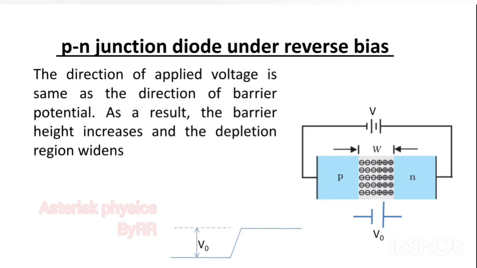Now in the figure you can see the barrier height V0. The N side is at a positive potential relative to the P side. Now when a reverse voltage of magnitude V is applied across the diode, the effective potential becomes V0 plus V. That means the barrier height increases and thereby the depletion region gets widened.